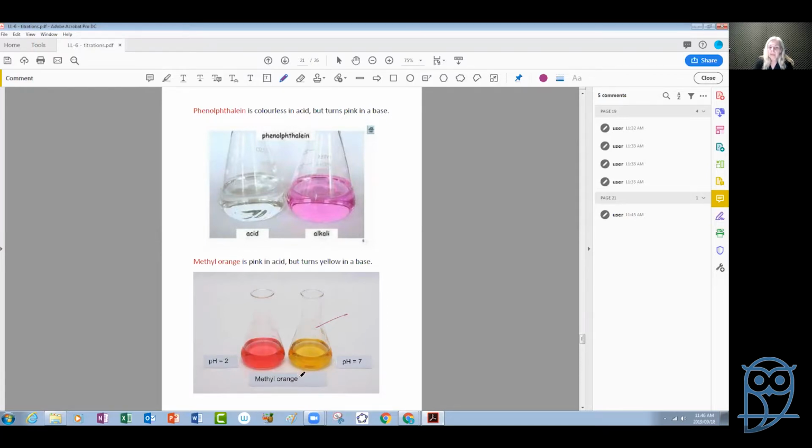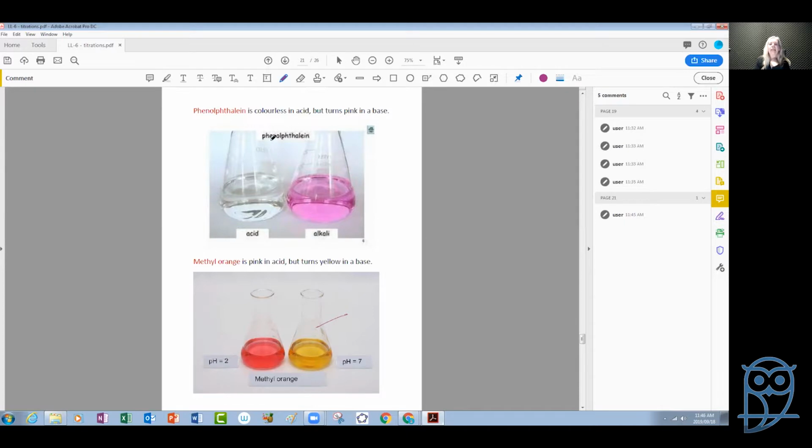So this is with a methyl orange, but we could also use phenolphthalein, which, if we put a few drops of it inside an alkaline solution, it's pink. But when it changes color and or when it is in acid, it looks colorless like this.